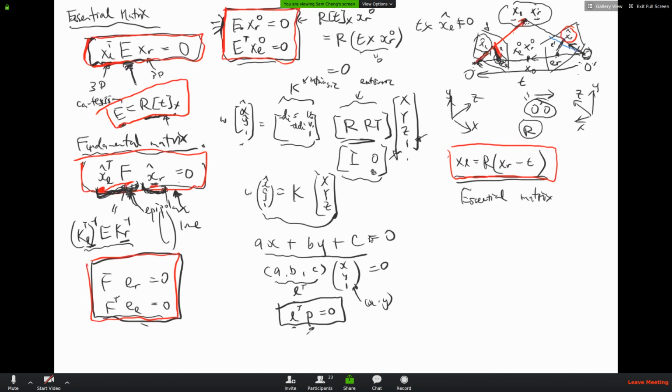Oh, okay, I'm sorry. I messed up. Let me go back. It should be this way around. I'm given a point xl hat here on the left screen, and I want to know the epipolar line.